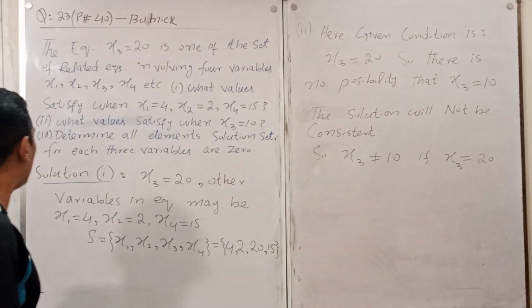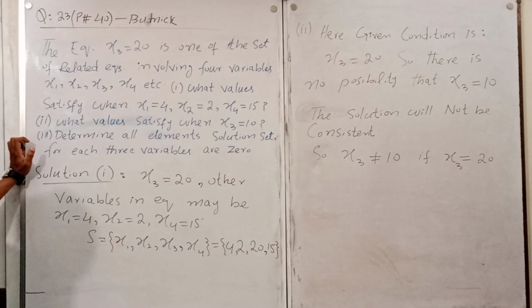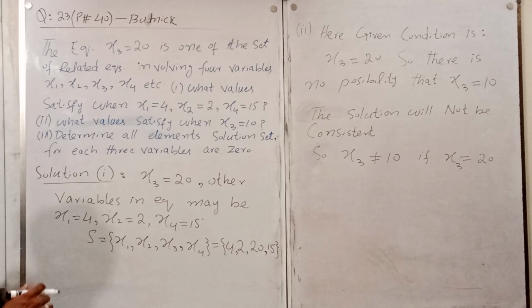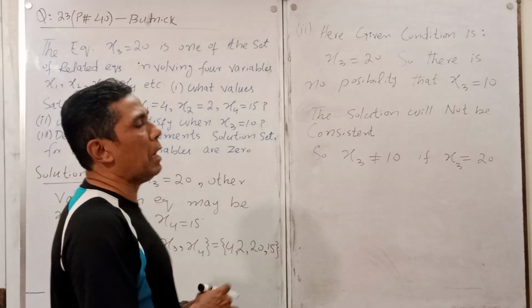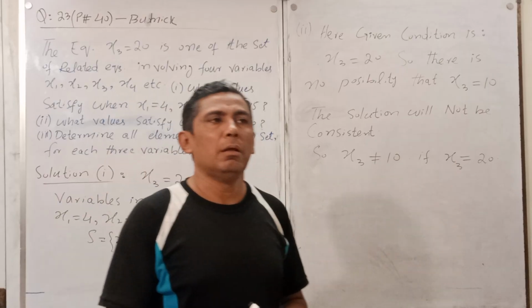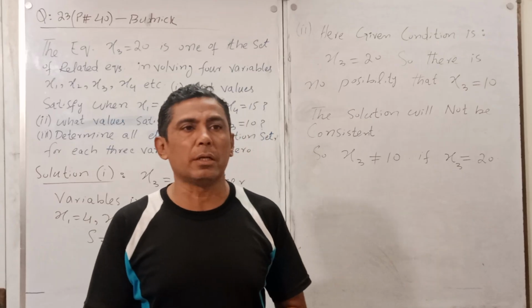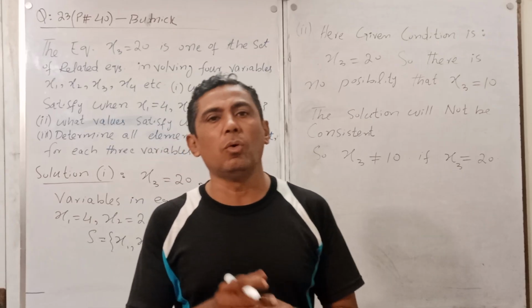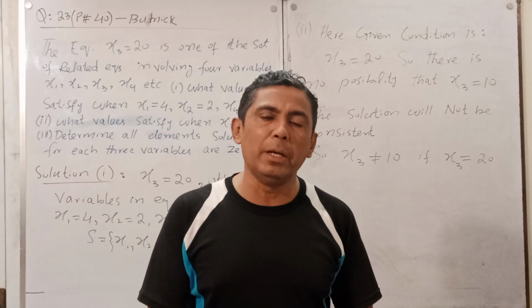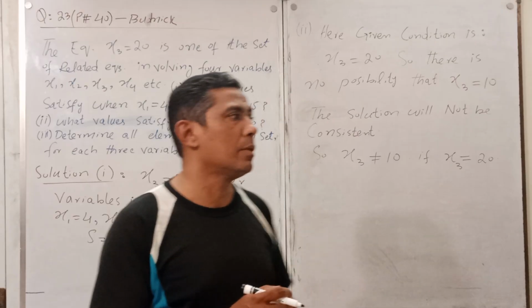Now the third part of this question: determine all elements of the solution set for each three variables equal to 0. Here we have a condition that any three variables in the linear equation are equal to 0. What will be the possibilities of the solution set here?